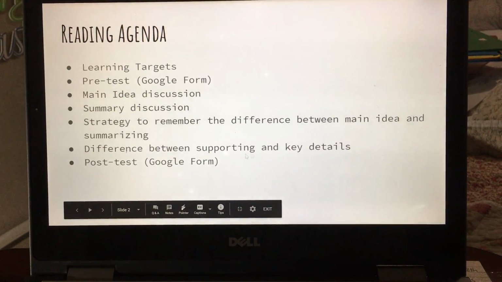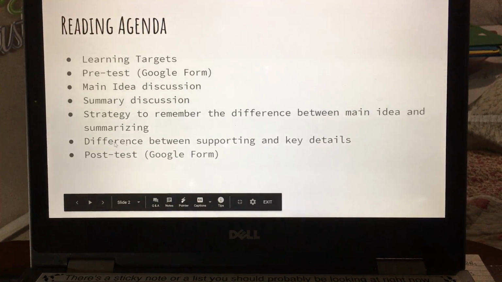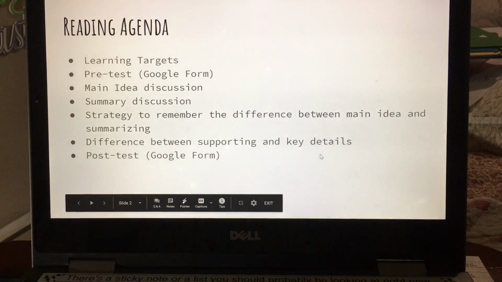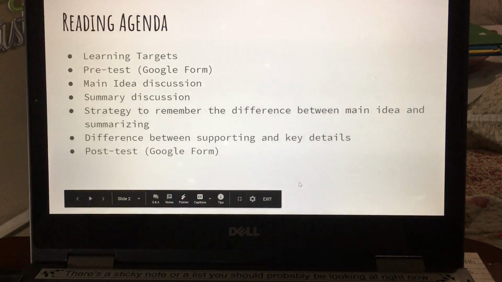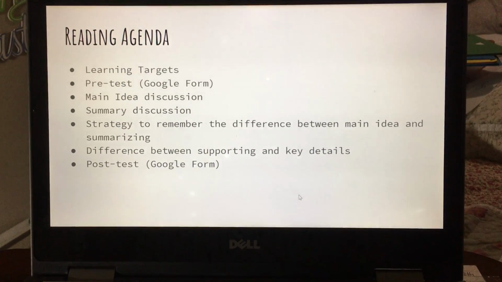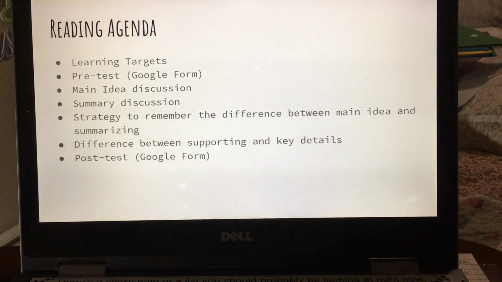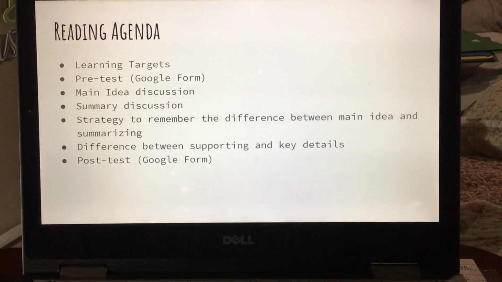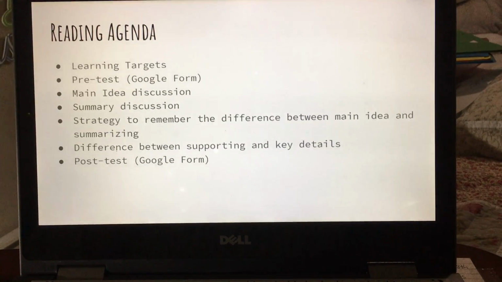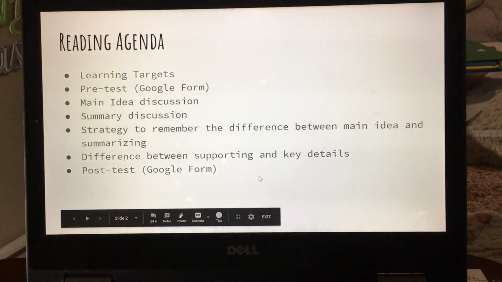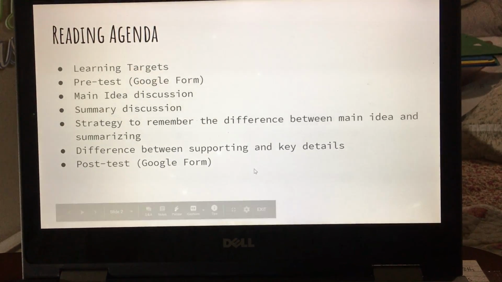And there is a slide where I will explain the difference between supporting details and key details, because I thought that maybe that would get confusing if you saw that on one question and key details on another one, and you would ask yourself, are they the same thing?